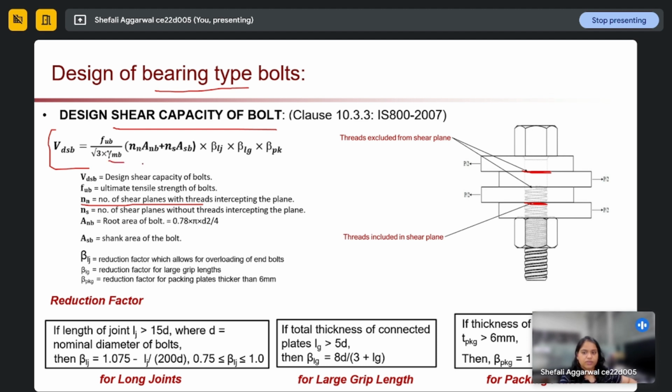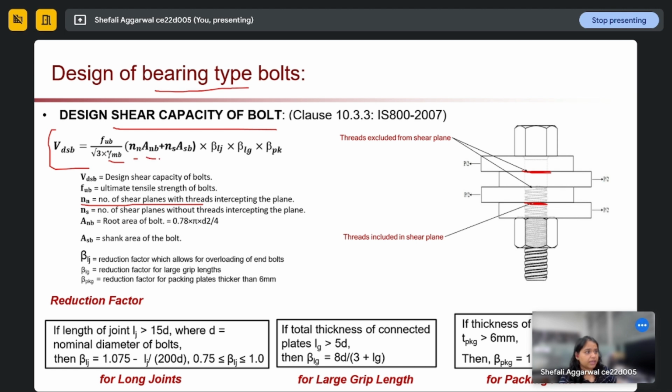The factor of safety we have already studied in the previous lecture, for different types of scenarios. And this is f_ub, the ultimate strength. Then n_n means the number of shear planes with threads. In this case, the number of shear planes with threads is 1, where on both sides there should be thread.